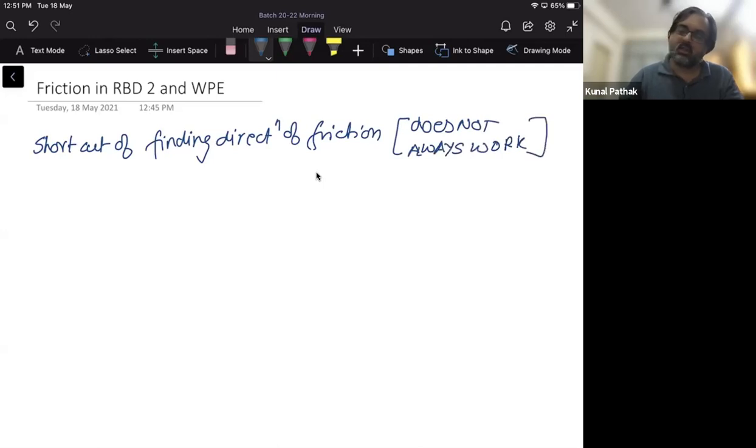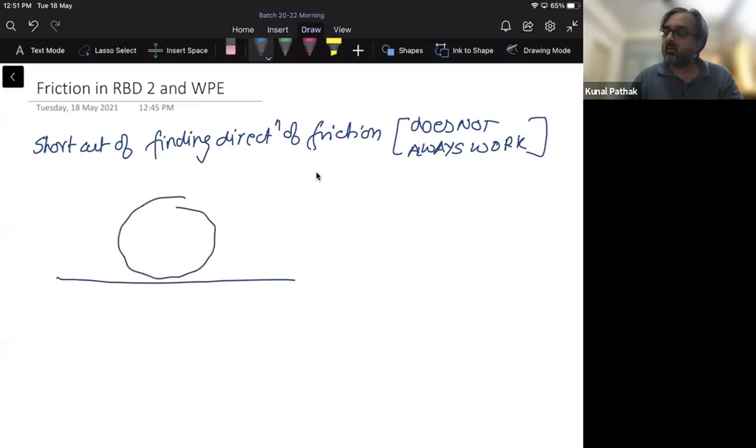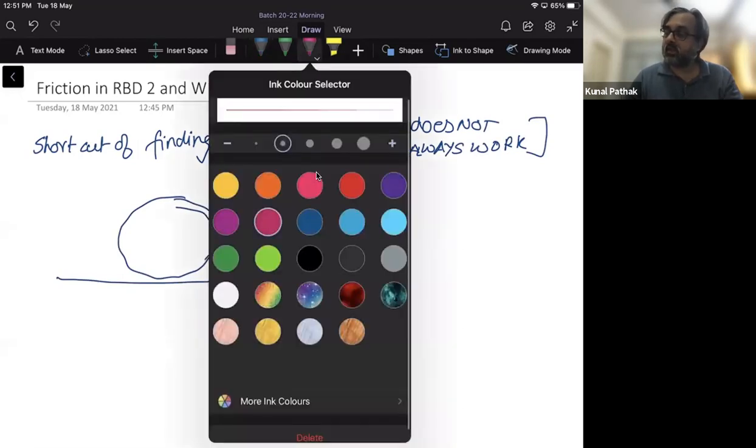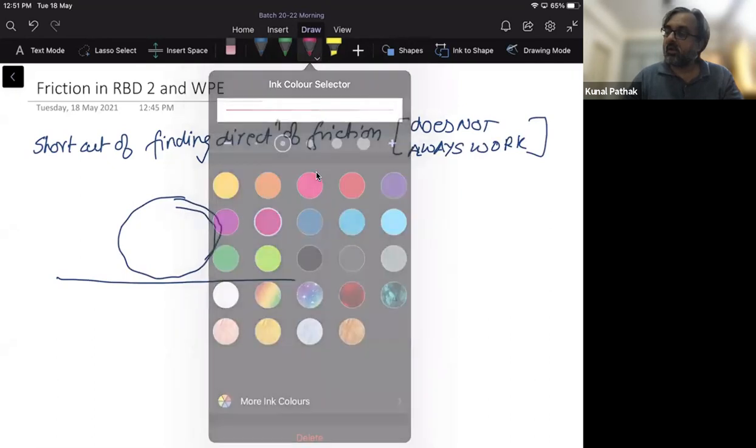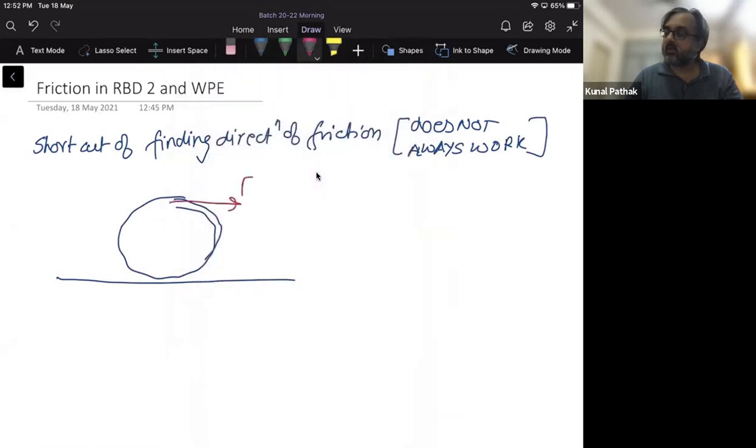So you can say that you can use this every time, no problems, but let's say that we have force F acting on the object, right?